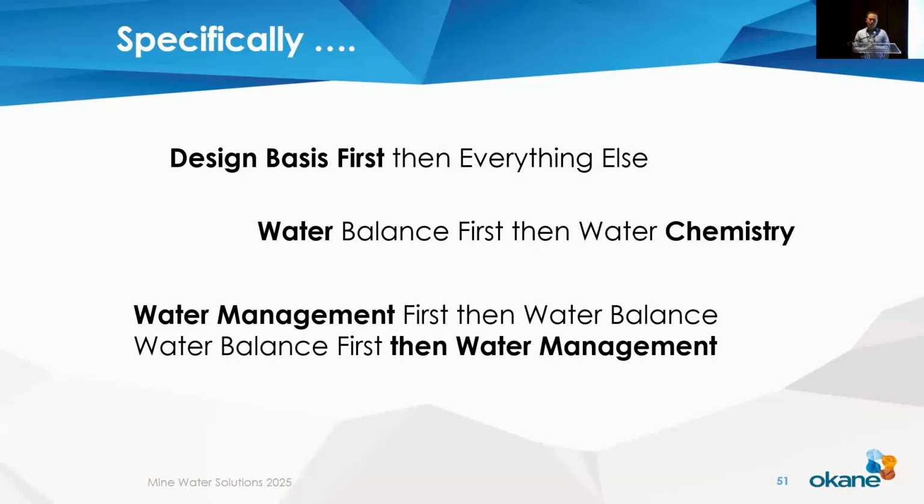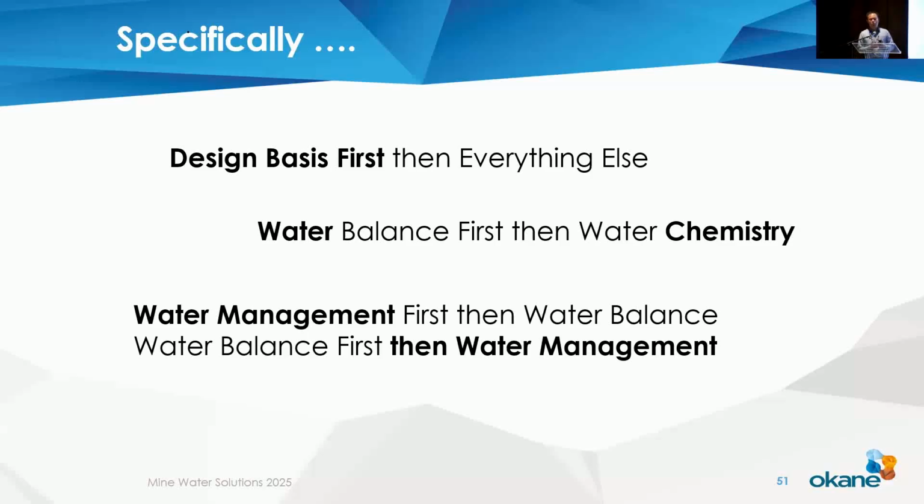We often talk about water quality models on their own, but to build a water quality model, we really need a good handle on the water balance first. And that's sometimes not even done. We often run into cases where we have a water quality model without any mention of a water balance. So we like to promote that the water balance and water quality model should really be together.